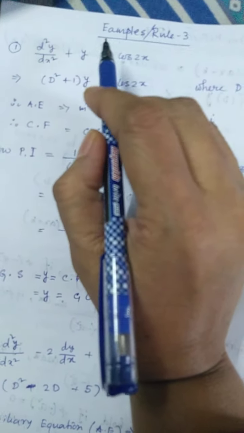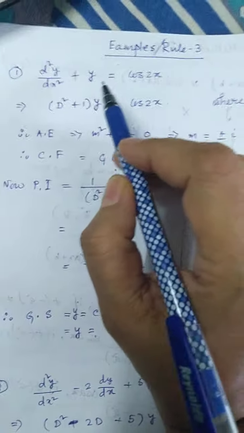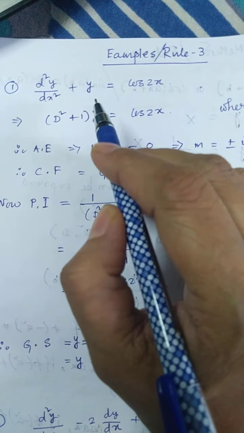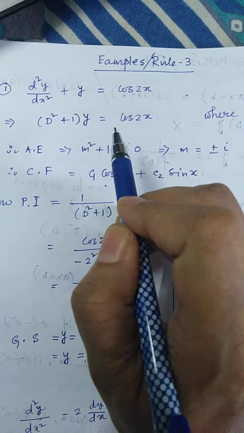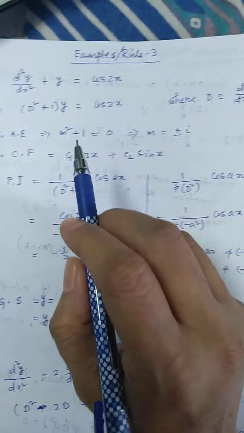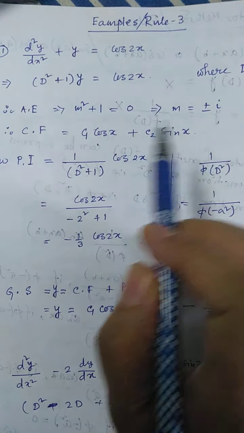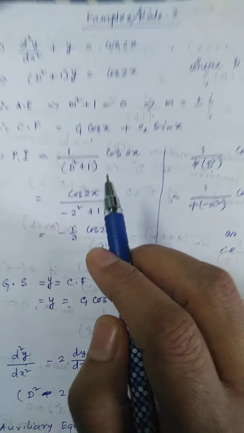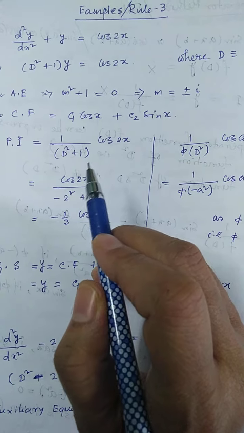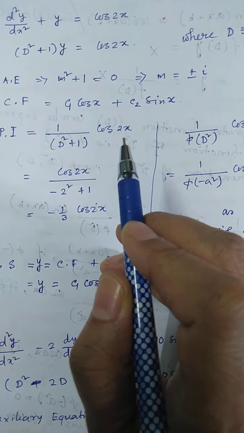Now we explain it by an example. This is our given differential equation, which can be put in this form. We know D, so the auxiliary equation is this, and we can find the complementary function like that. The particular integral is 1/(D² + 1) cos 2x.